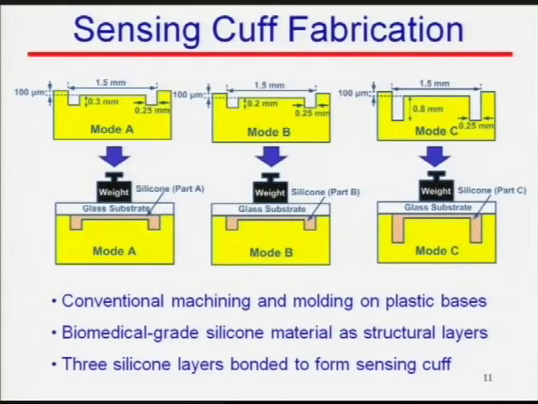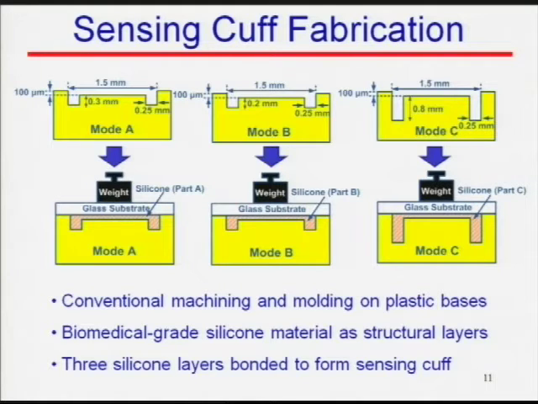So this is the fabrication process. I'm going to quickly go over it. Basically we use traditional conventional machining process to build the mold. We have mold A, mold B, mold C, and using biosilicone material to fill the mold after you go through the degassing, curing process. And of course, you need to apply a glass substrate on top of this mold with the weight applied to achieve a uniform thickness.